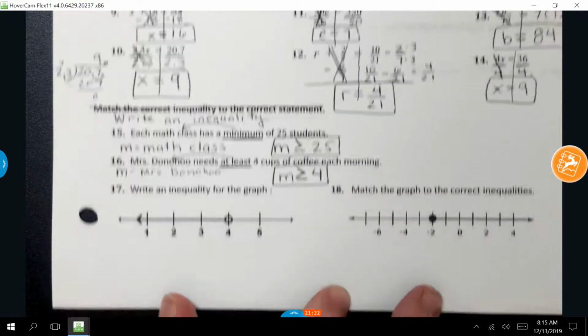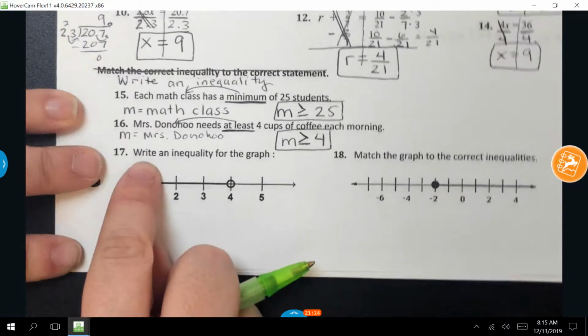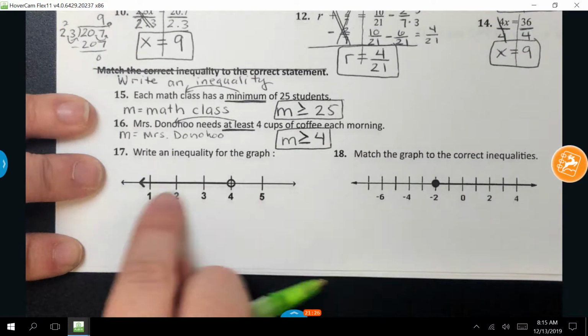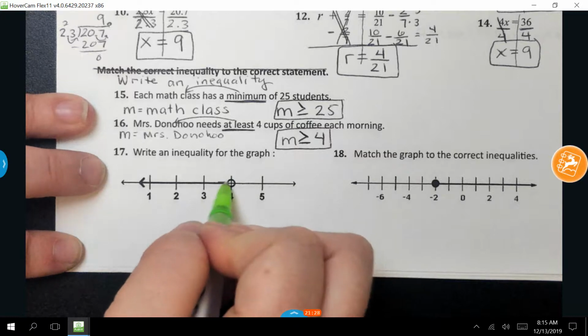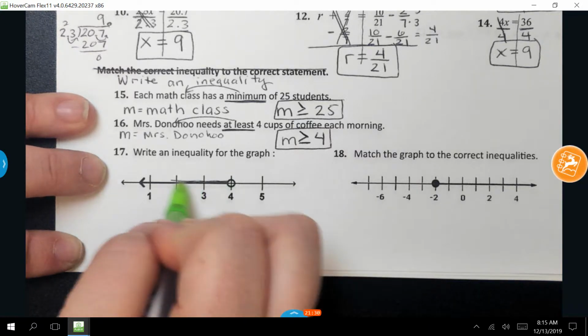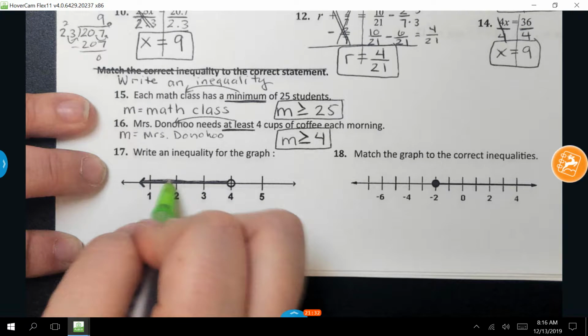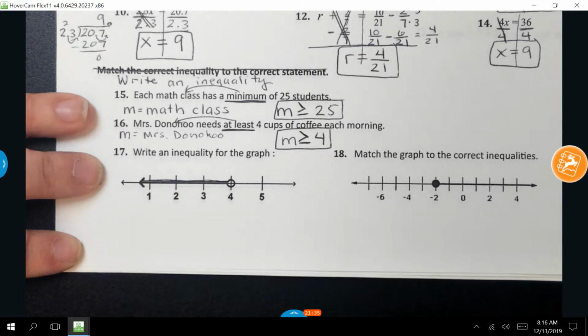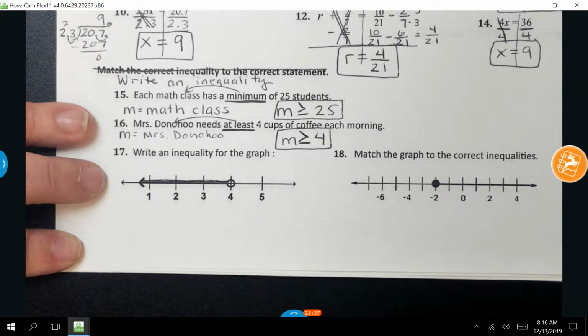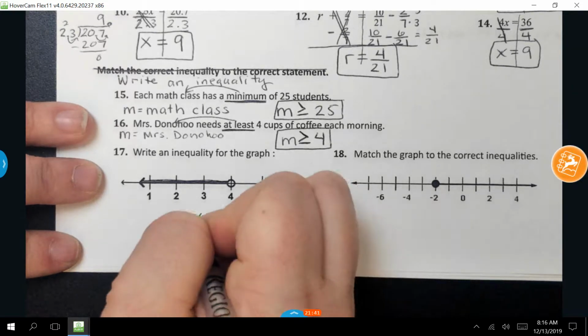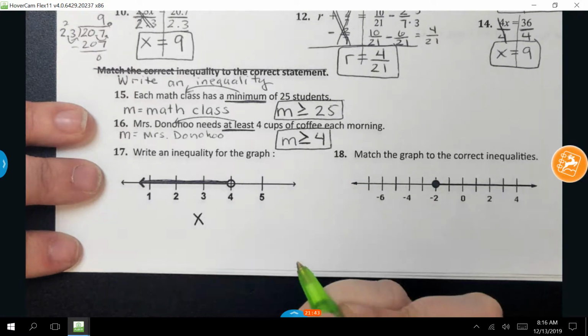All right, so for number 17, it says write an inequality for the graph. Sorry, on the test, I'll try to make sure this is darker. So first let's just pick a letter. Liam, pick a letter. X. All right, and then what symbol am I going to use?